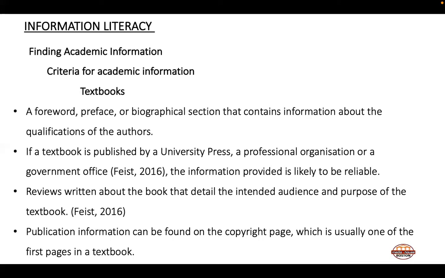Then there are reviews written about a book that detail the intended audience and the purpose of the textbook. Reviews are helpful to see what other people say about it. They analyze the textbook to say whether it's biased or unbiased, so we can actually read reviews about it. And then there's the publication information, which we can see in our textbook as well.